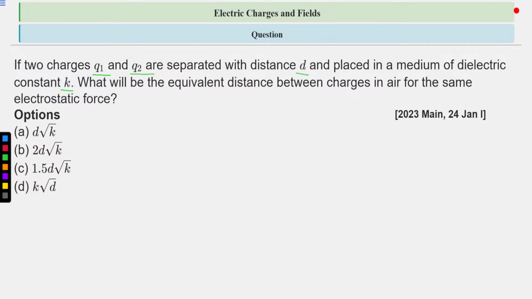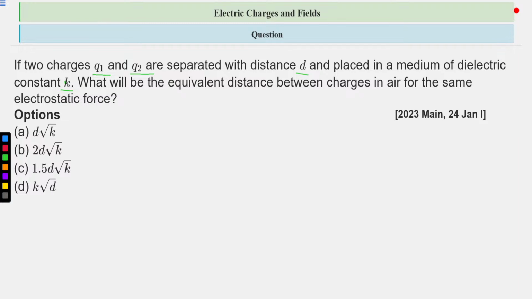Now we remove the dielectric and place air between the two charges. By how much distance apart should we place these charges so that the electrostatic force is the same as in case one? Your options are d root k, 2d root k, 1.5 d root k, k root d.